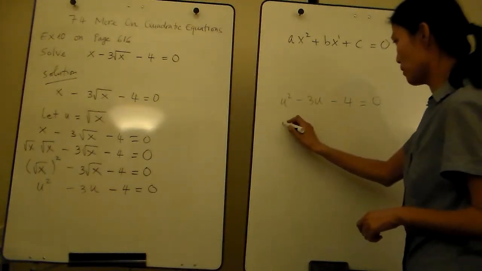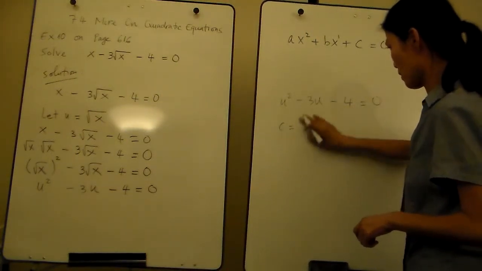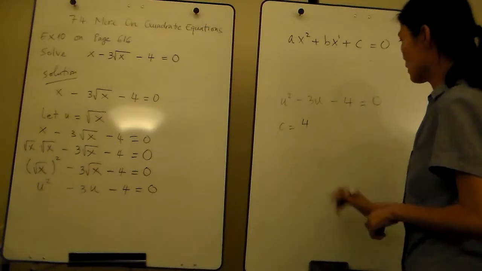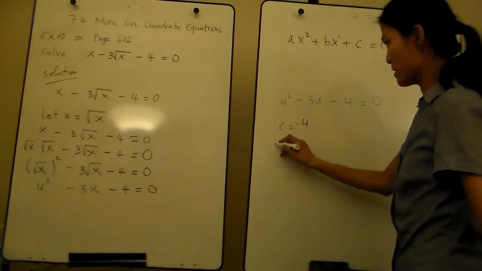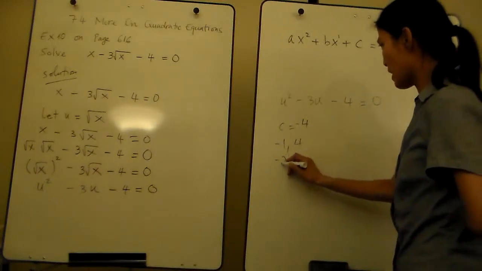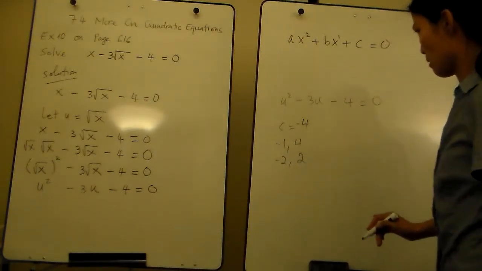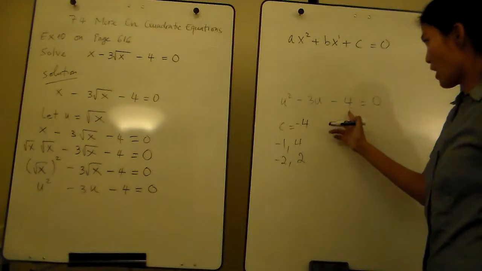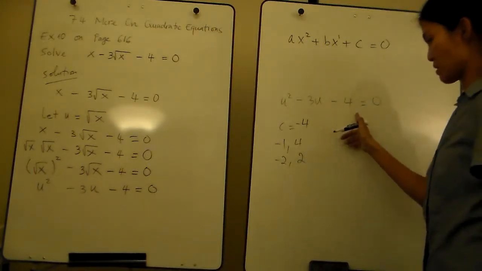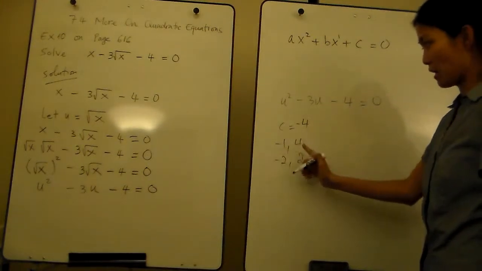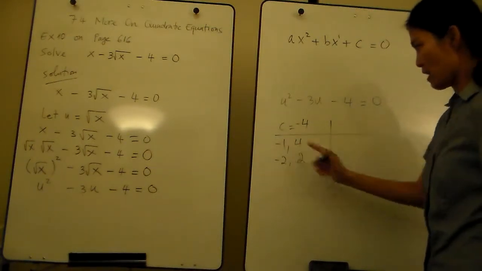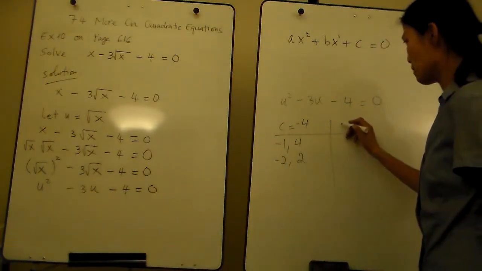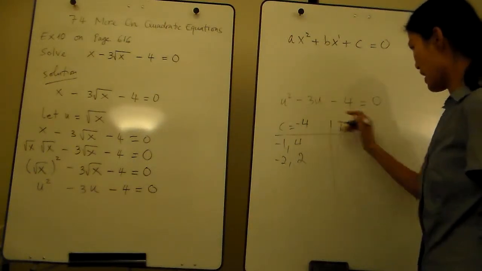So c is negative 4. Possible factors of 4 are negative 1 and 4, negative 2 and 2. Okay? Because the sign of c is negative, the factors of c will have opposite signs. We want to see if any of these two factors add up to b, which is negative 3 here.